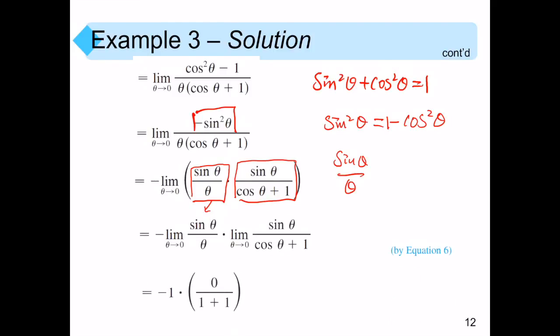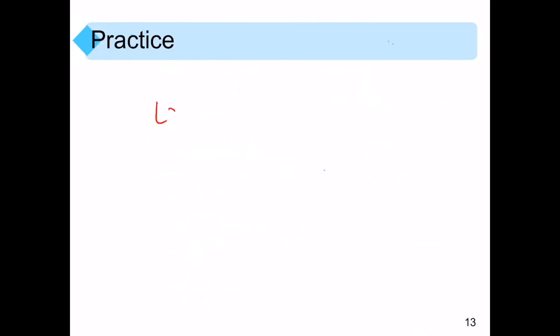Then this part equals 1, and for this part we use the direct way to find the limit, which is the function's value at 0. So we have a final answer, 0, for this question. Practice: calculate the limit as x goes to 0 of sine 7x over x.